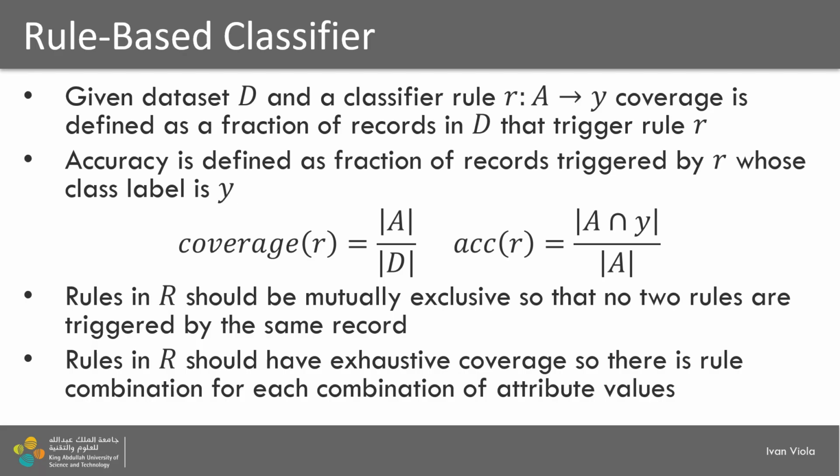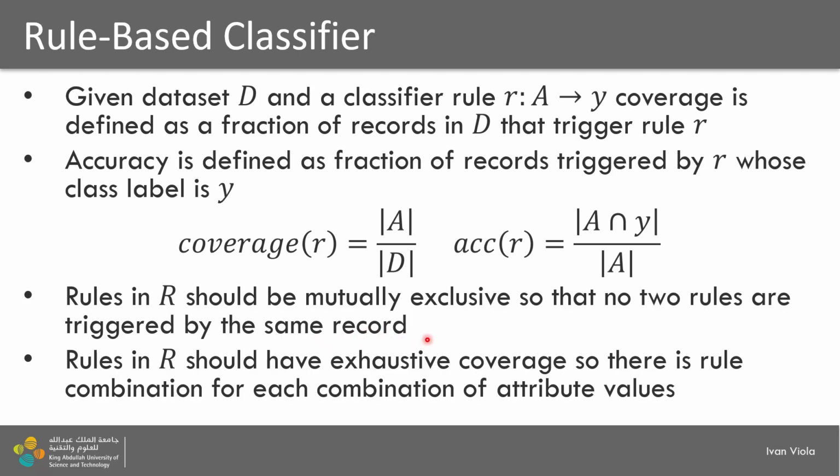In order for the rule-based classifier to work well, it is important that the rules in R are mutually exclusive, so that we do not have two rules that are triggered for the same record, because then it will depend on the order in which these rules are, and the last one which will be executed will determine and potentially override its class. So we should have only one rule per record.